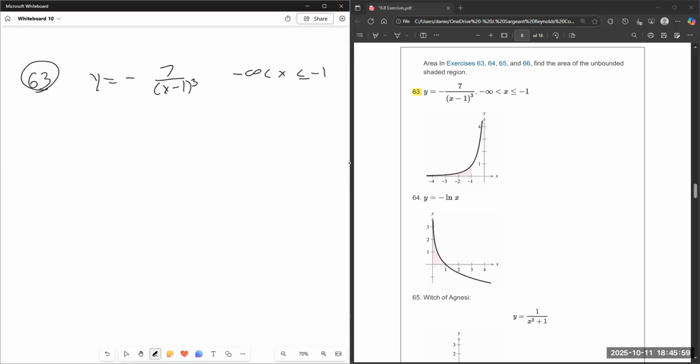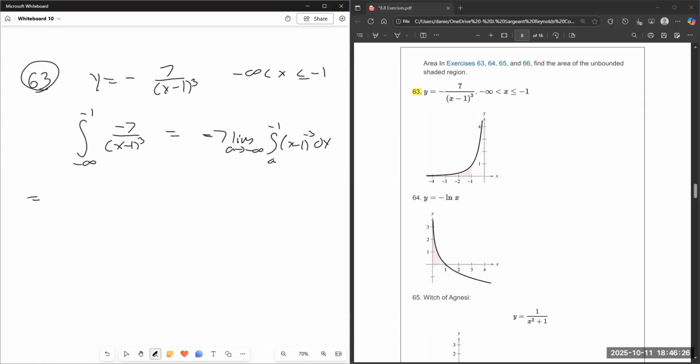So the area of interest is going to be negative infinity to negative 1 of negative 7 over x minus 1 to the third. I can rewrite as negative 7 limit as a goes to negative infinity of a to the negative 1, x minus 1 to the negative third dx.